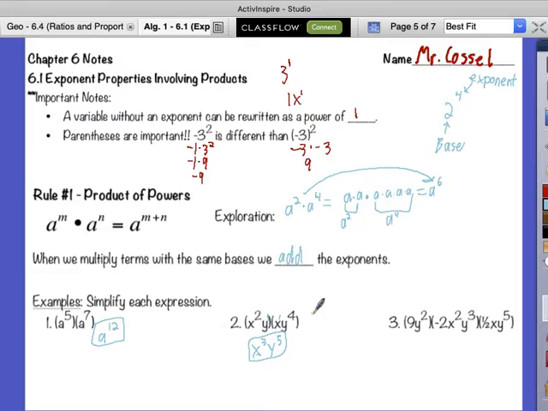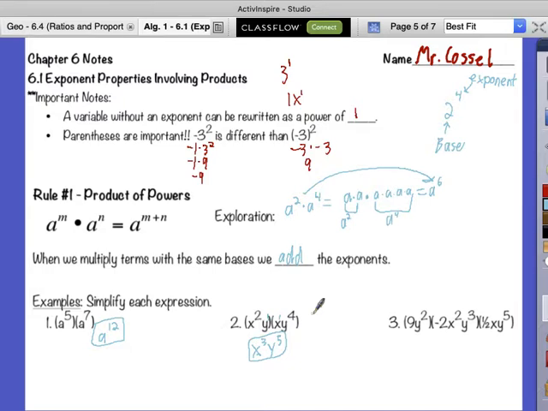Since these x's were multiplying, we added the exponents, right? Is everything here multiplying together? Okay, so we can multiply in any order, can't we? We don't care what order we do it in, because if we do 2 times 3, we get 6, and 6 times 4 is 24.